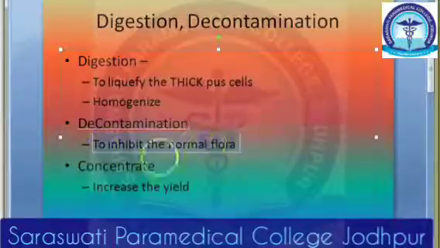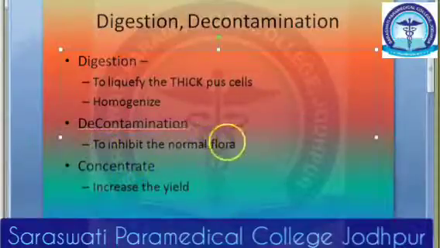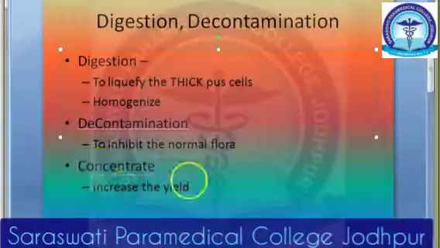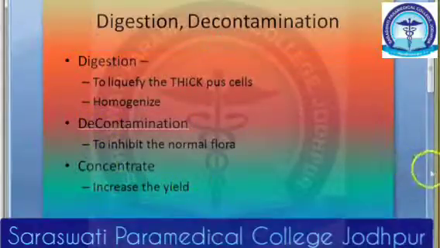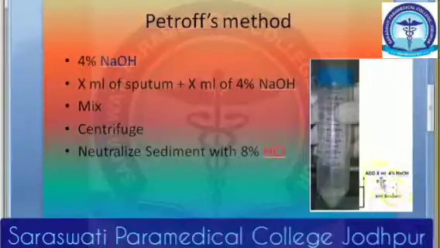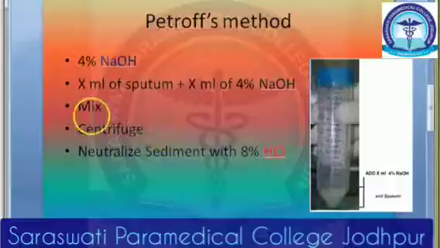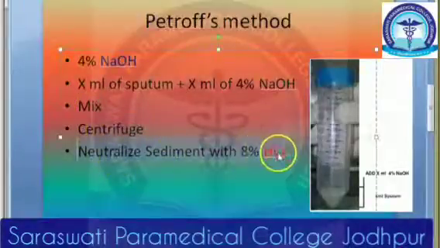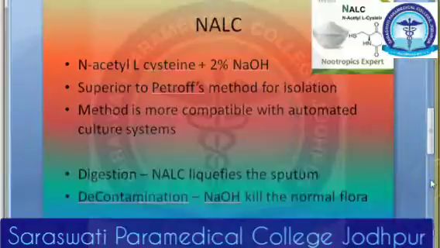Decontamination, we want to inhibit normal flora, but the tubercle bacilli should not die. Concentration, we want to increase the yield. Petrov's method, you will use equal volumes of 4% NaOH and sputum. You will mix, you will centrifuge, you will take the sediment and neutralize it with 8% HCl, that is acid.